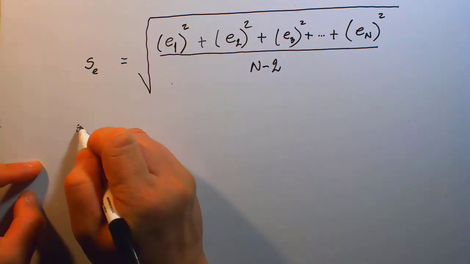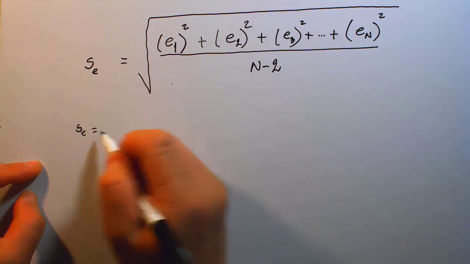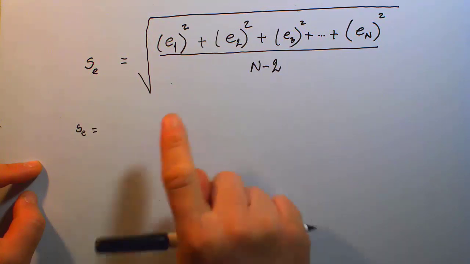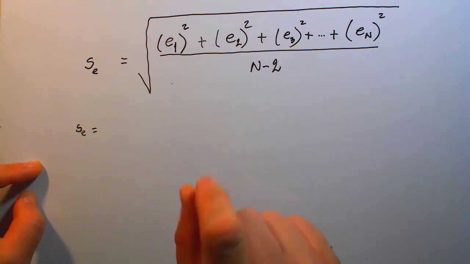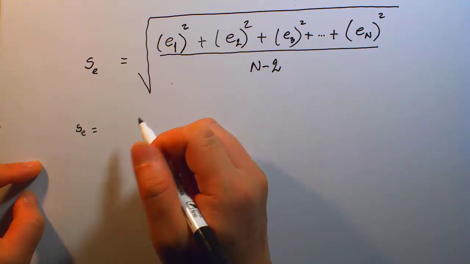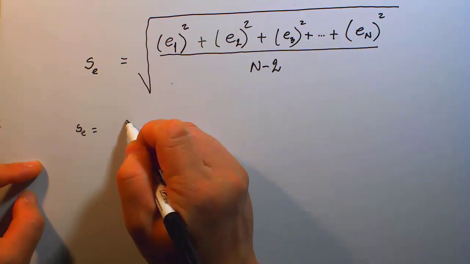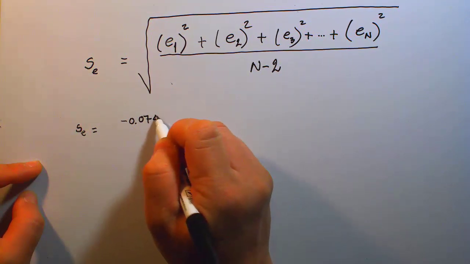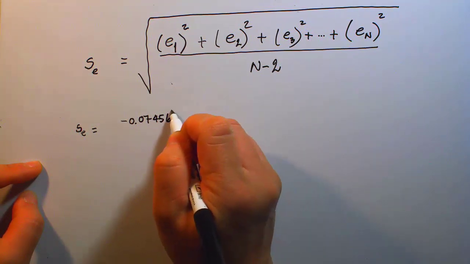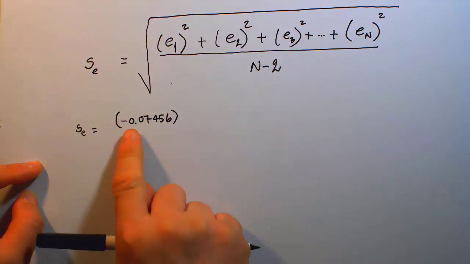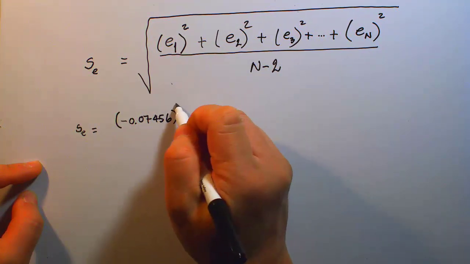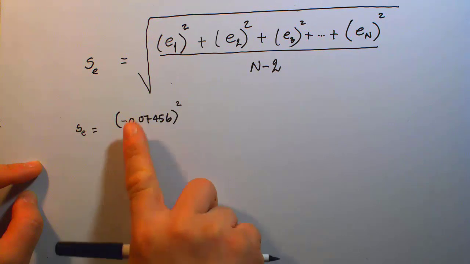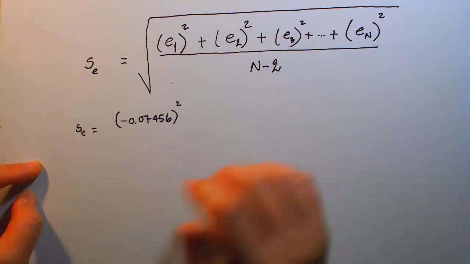SE, the standard deviation of residuals, equals, so allow me once again to write each of these with the order of operations involved. My first residual was negative 0.07456. Make sure that we square including the sign of your residuals, so we put parentheses there. Once you have that squared, we move on to the next one.